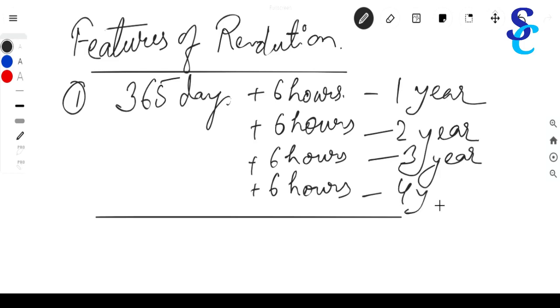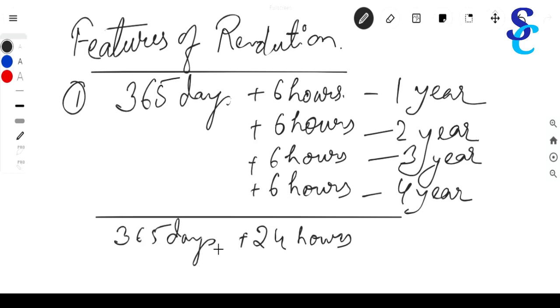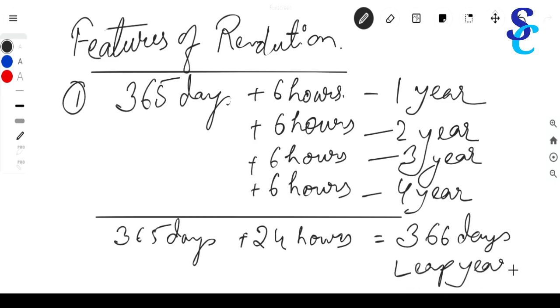So at the end of every 4 years, we get 24 hours extra, or one day gets added to this 365 days. That gives 366 days, and we form a leap year. So this is the first feature of revolution.